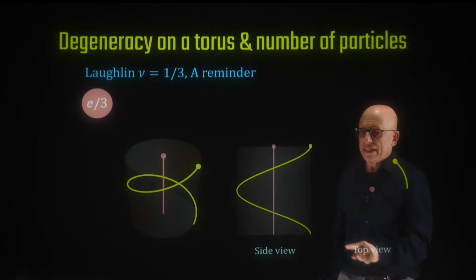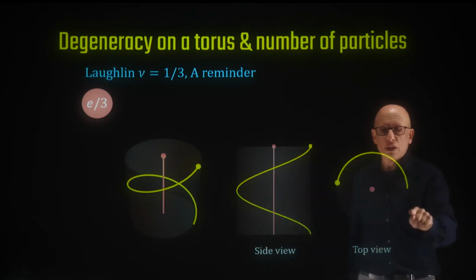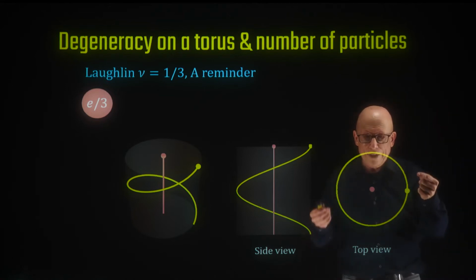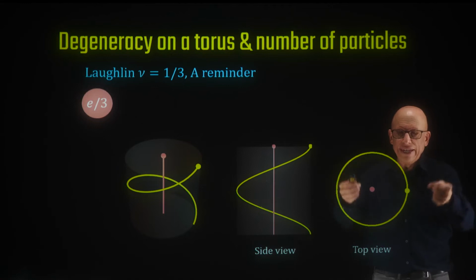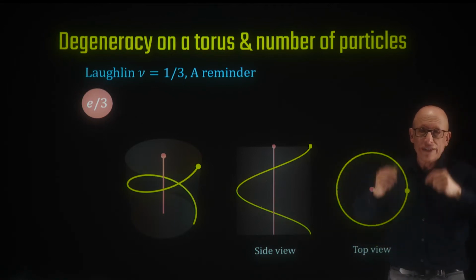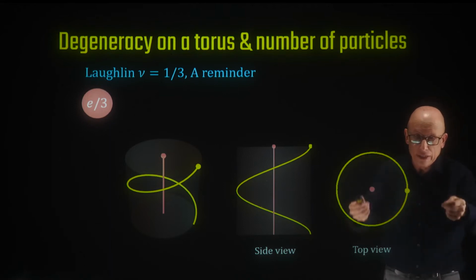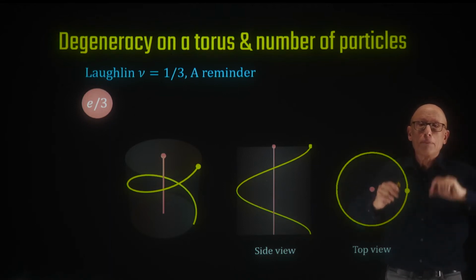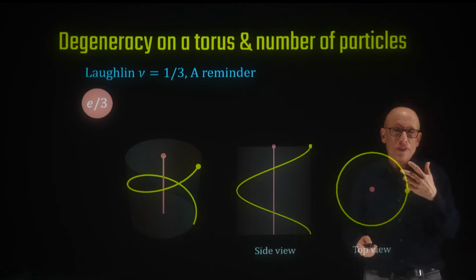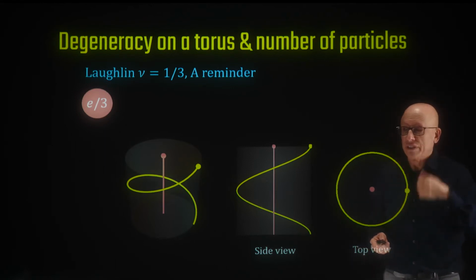You can also see it in a side view or in a top view, just as one quasi-hole going around another. When we carry out such a winding adiabatically, starting in a ground state, we will end up in the ground state, but multiplied by a phase factor. And in the nu equals 1/3 case, we said the phase factor is non-trivial.